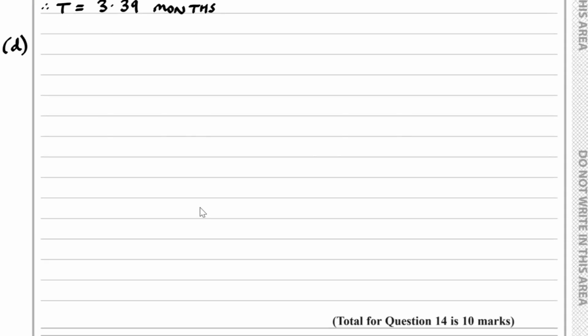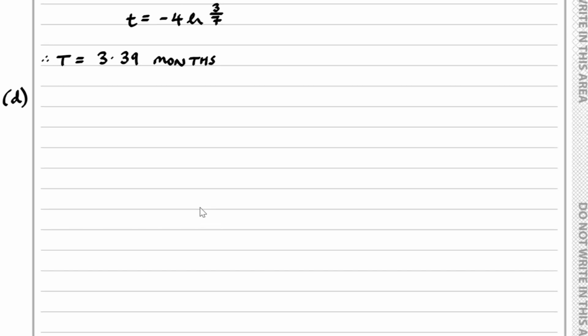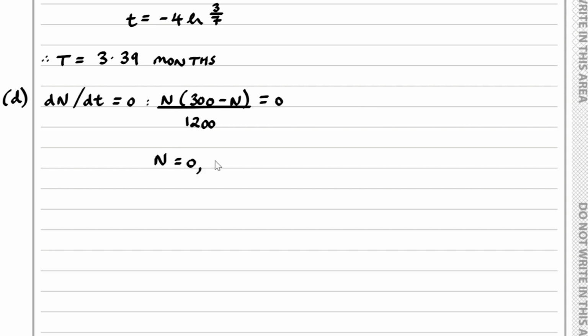So, for part D, with dn over dt equaling 0, we've got n times by 300 minus n over 1200 equals 0. N is either equal to 0 or 300, and so therefore the maximum number would be 300.